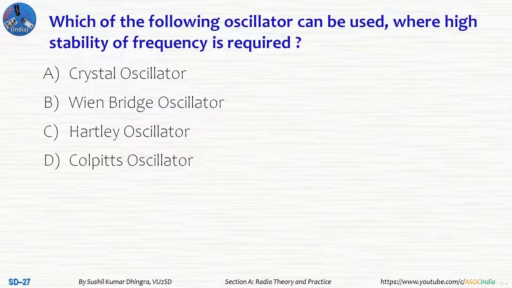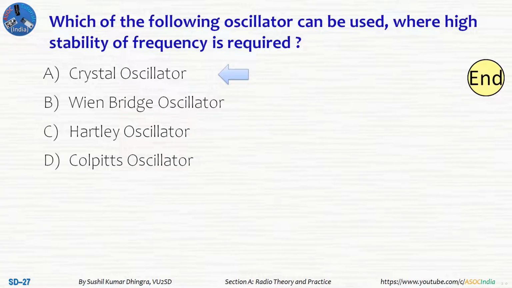Which of the following oscillators can be used where high stability of frequency is required? High stability. Crystal, Wien, Hartley, Colpitts. Your time starts now. Crystal oscillator.